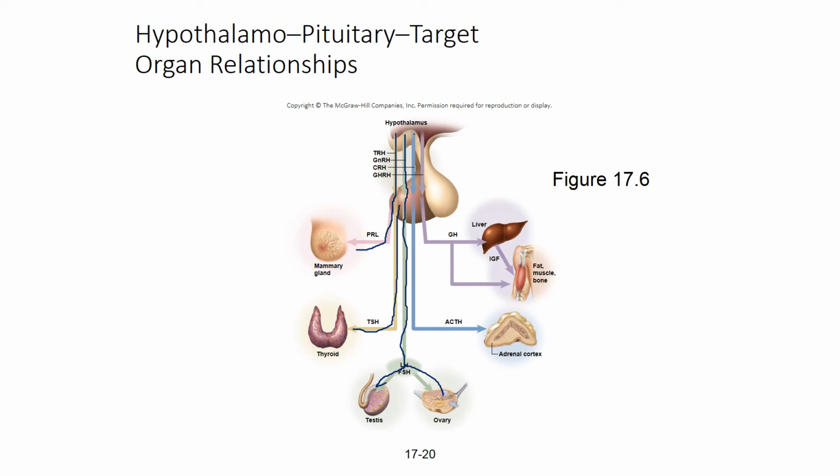We have corticotropic releasing hormone causing the release of adrenocorticotropic hormone going to the adrenal cortex. And this is just showing the releasing hormones. We have growth hormone releasing hormone causing the release of growth hormone, which affects widespread fat, muscle, and bone throughout the body and affects our growth.